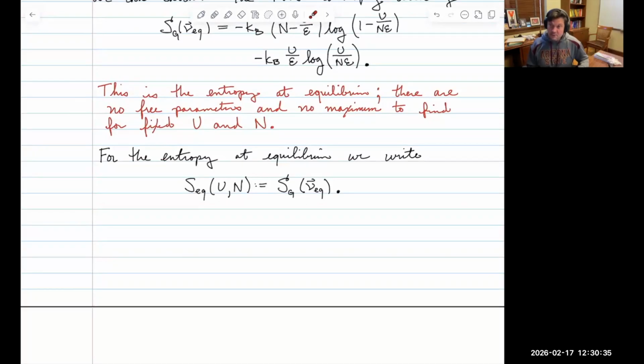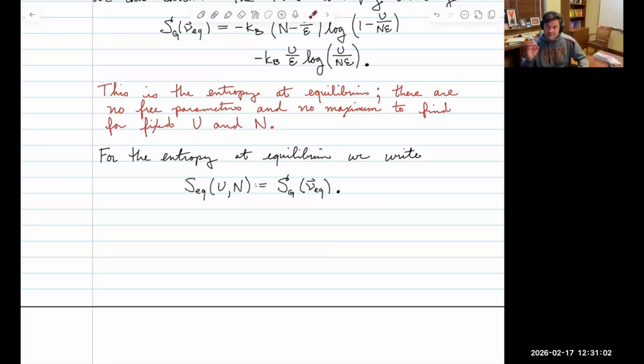Now, for the entropy at equilibrium, we're going to come up with a very special name. So keep in mind that we only talked about the entropy for equilibrium systems in thermodynamics. In the statistical basis for entropy, the entropy is defined even for non-equilibrium systems. Okay, if you tell me what the state is that you want to examine, I can tell you what the entropy is for that particular macro state.